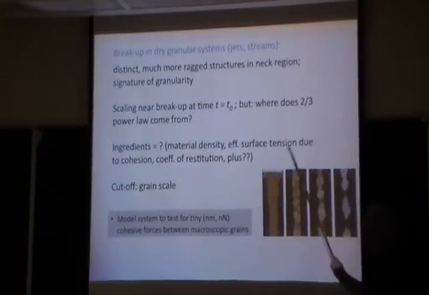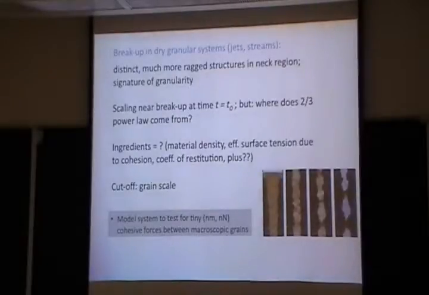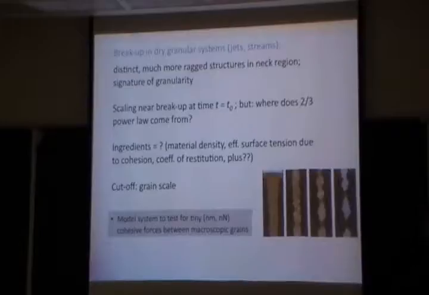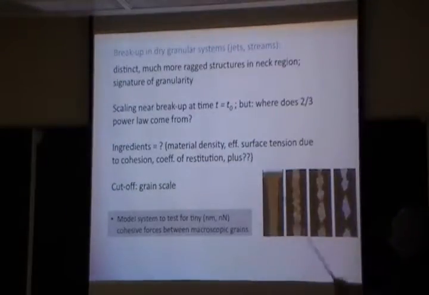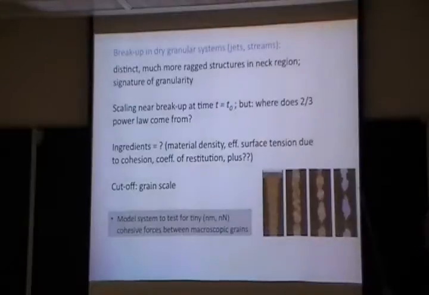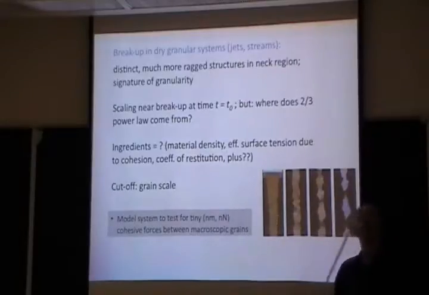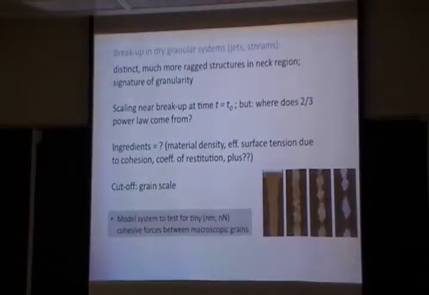And now you can ask yourself, what are the ingredients there? So previously in the slide you probably read that the key ingredients are the things that characterize any macroscopic parameters: density, surface tension, viscosity. Here, it seems to be material density, some effective surface tension, and viscosity. You have to decide how you want to define it, but what I showed you is that the coefficient of restitution plays a role.